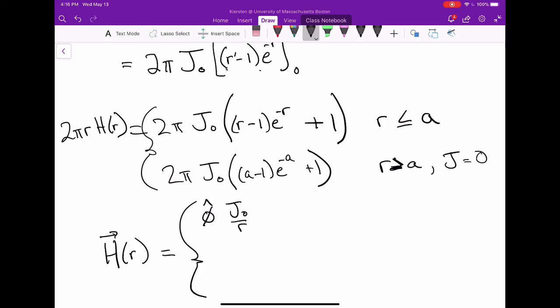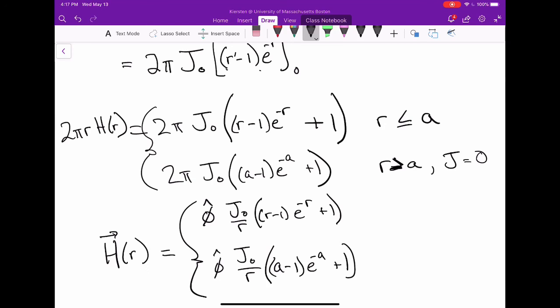I'm just going to leave the r over here because that makes my life easier to deal with. r minus 1 e to the minus r plus 1, like that. Or phi hat J naught over r, a minus 1 e to the minus a plus 1. And the top solution is for r less than or equal to a, and the bottom solution is for r greater than a.